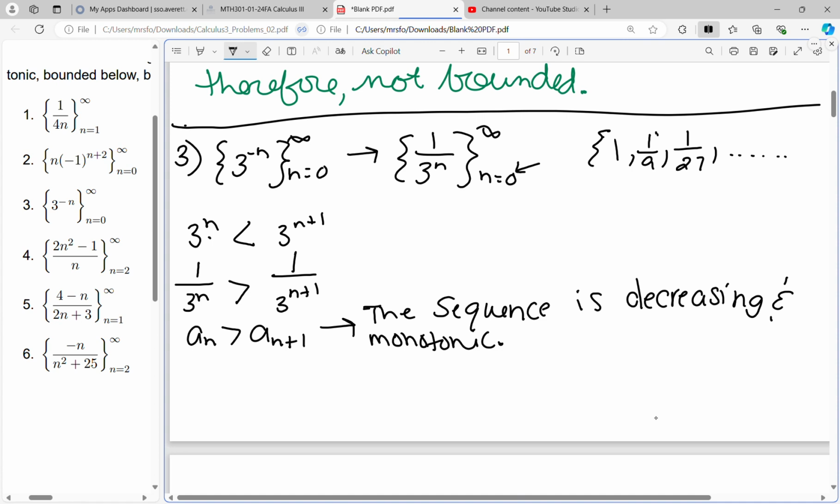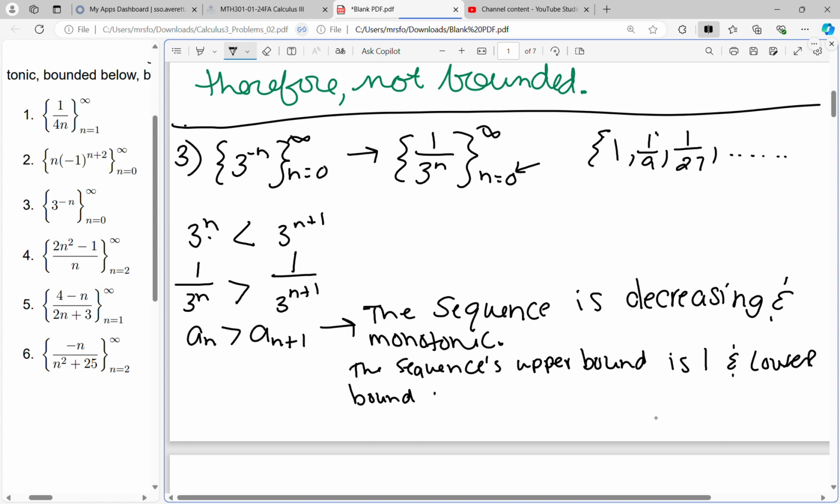So we can say that the sequence is decreasing and monotonic. The upper bound is 1 and the lower bound is 0.